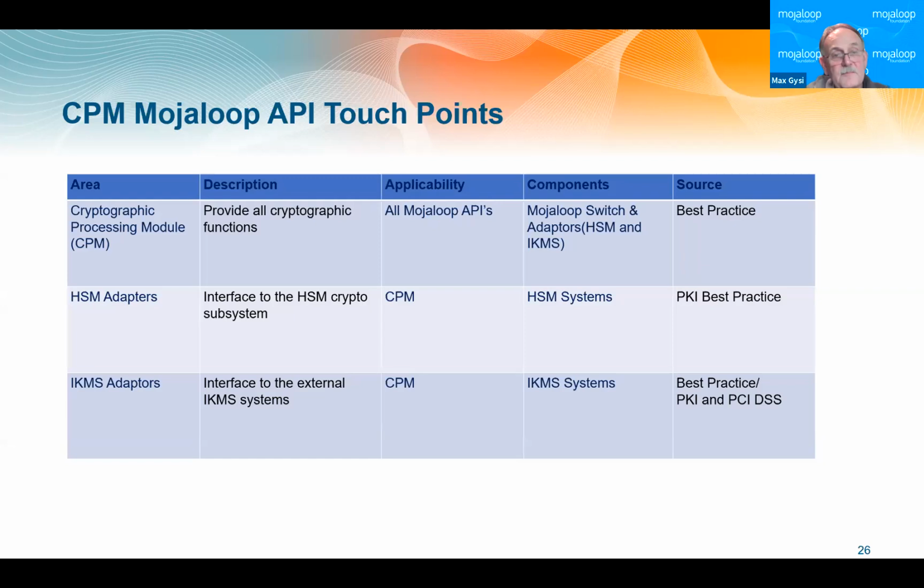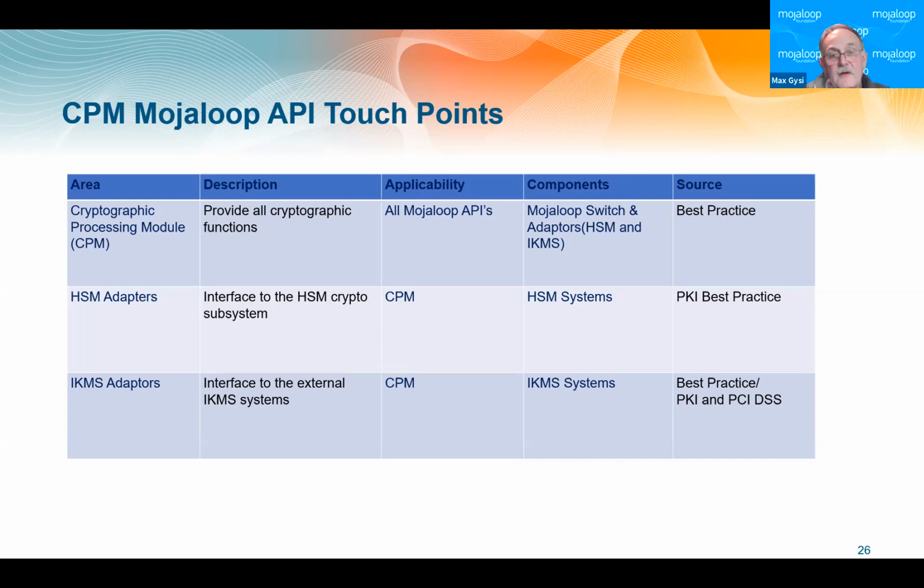Again, with the touch points, the cryptographic processing module will in fact affect any Mojaloop API out there, but we are restricting it to purely the Mojaloop API so that we won't interfere too much with it. And the HSM adapters and the IKMS adapters will only interface and be applicable to the CPM itself.